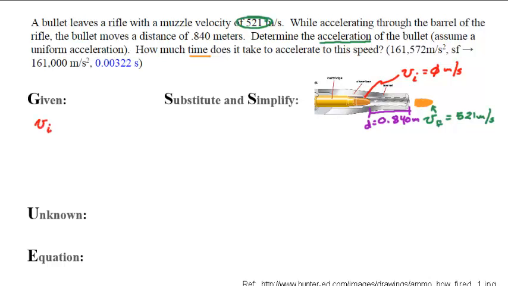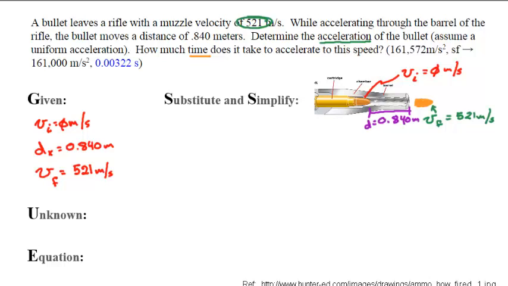My velocity initial equals 0 meters per second. My distance in the x is 0.840 meters. And my velocity final equals 521 meters per second.